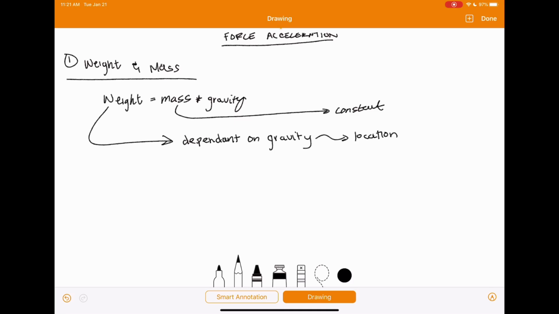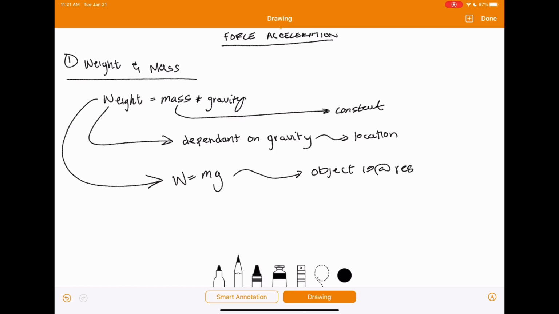So now this equation here, weight equals mass times gravity, this is when an object is at rest on whatever planet you happen to be on.